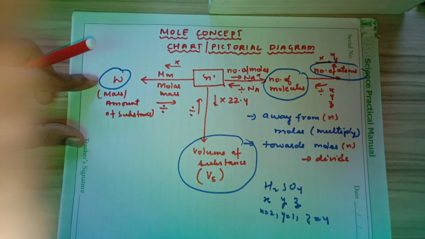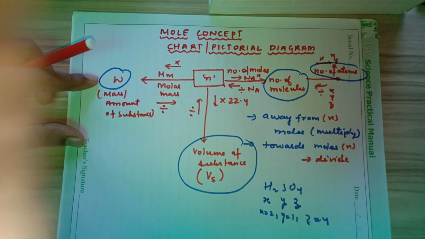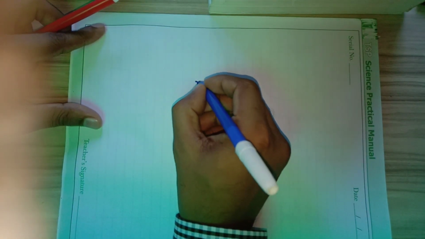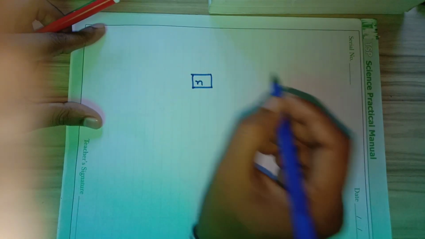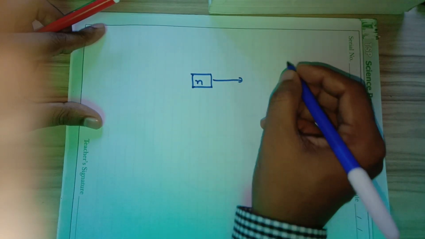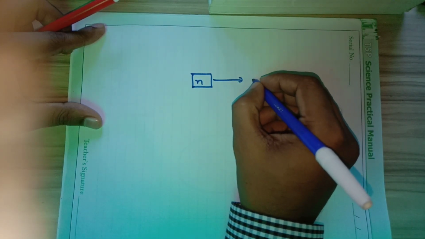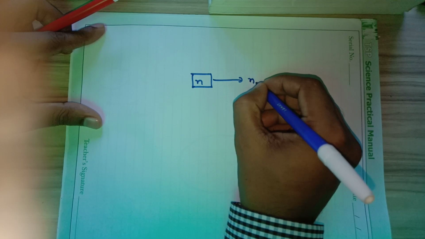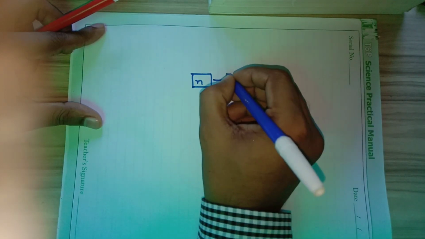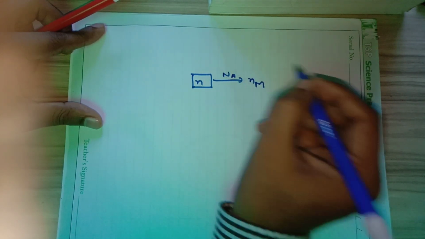So let's learn how we can use it. Let's take it as a shortcut. Here it is given as number of moles. Here it is given as number of molecules. Here is Avogadro number.